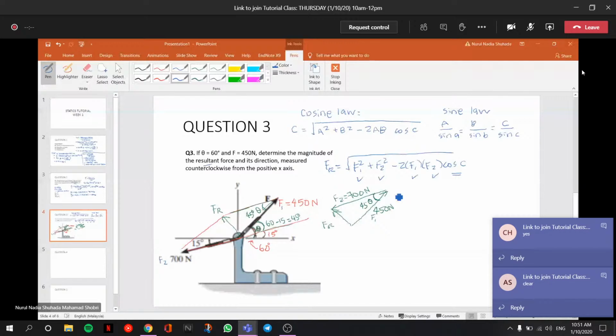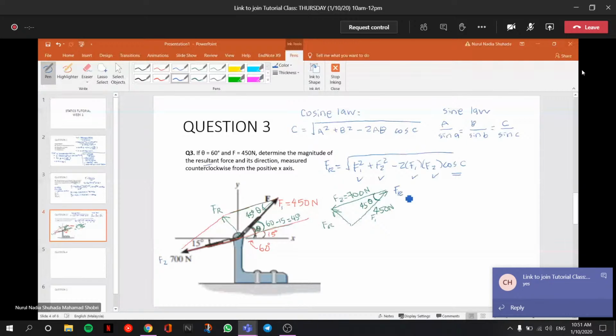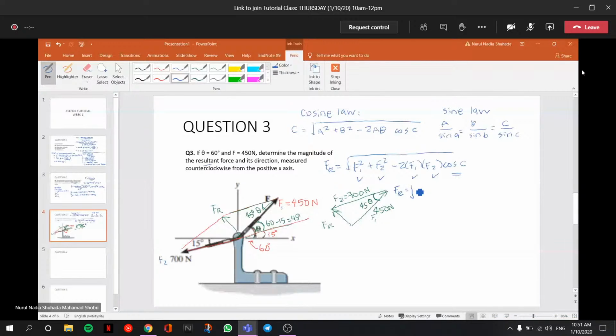So Fr equal to... Do you guys get the answer for the resultant force?